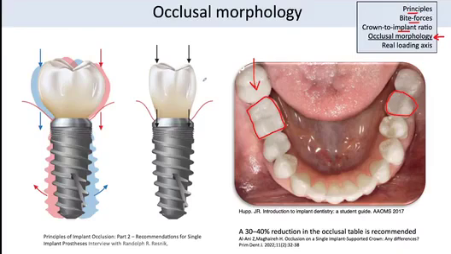You can reduce the morphology with different types of reduction. You can reduce global morphology, and the occlusal table is reduced here, or reduce only the peripheral part.